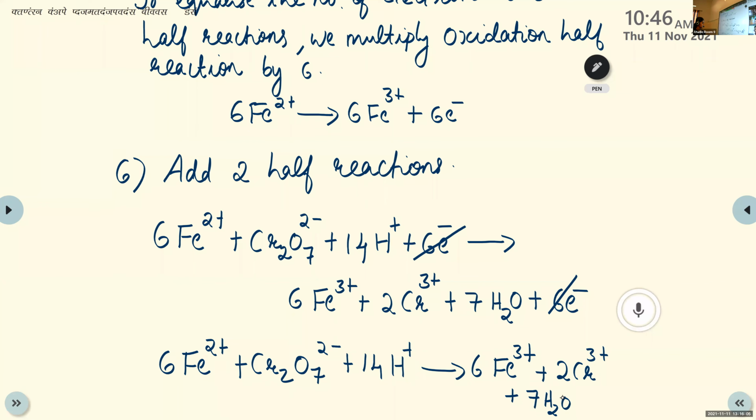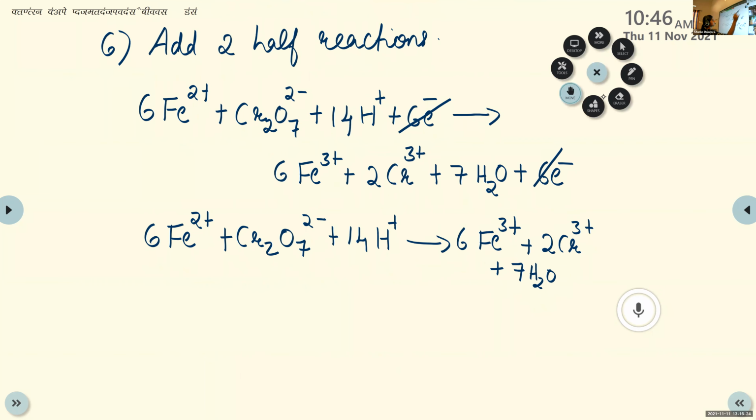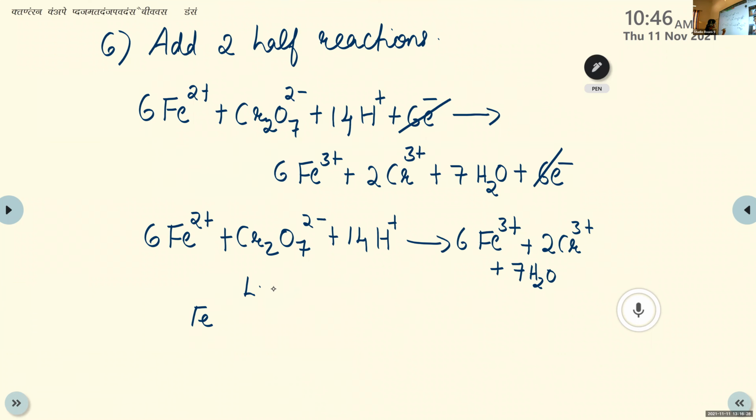Okay, now we can check the number of atoms and total ionic charge. So Fe here is 6, right? The right hand side and left hand side, it is 6, isn't it? Here it is 6, the right hand side also 6.